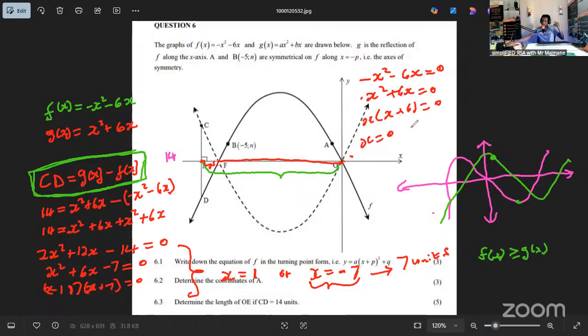Therefore, x is going to be 0 or x is going to be minus 6. So you already know F is minus 6. So you already know one distance from here to here. You're just left with that remaining space there. And you already know this one is 14 units, meaning one is 7, one is 7. You can fight your way from here, man. I feel like you would find it there.